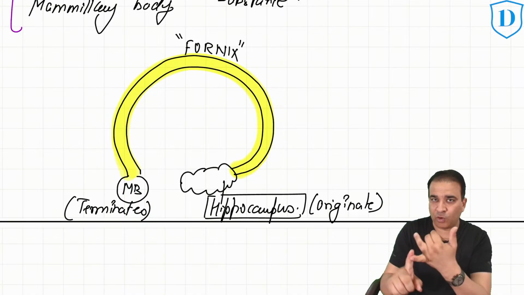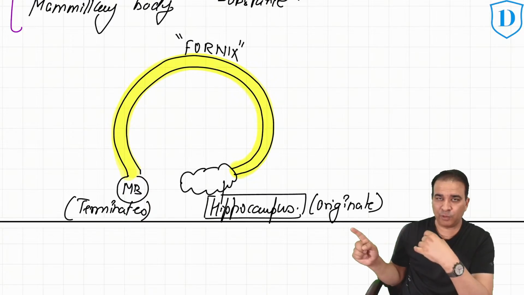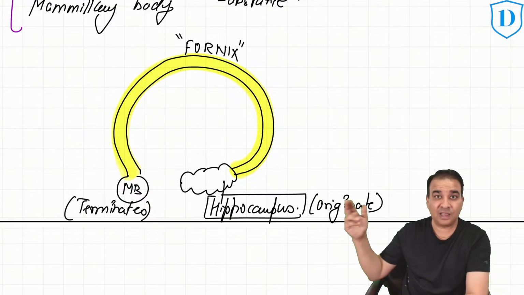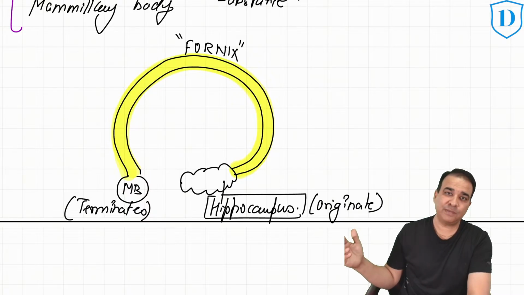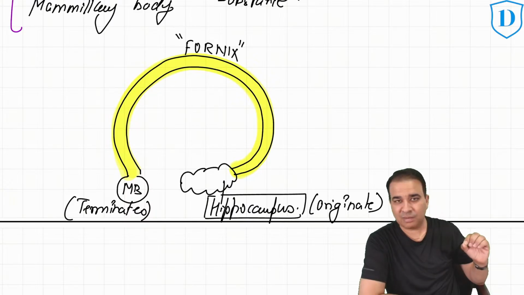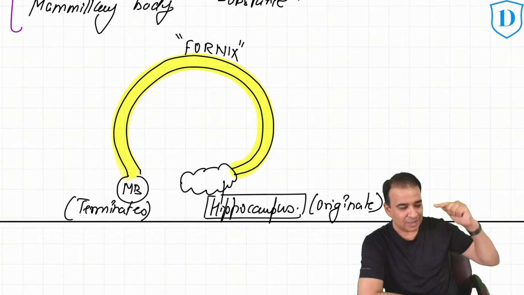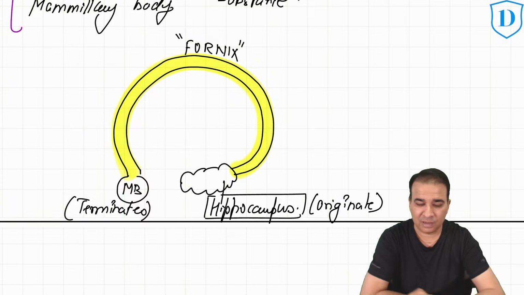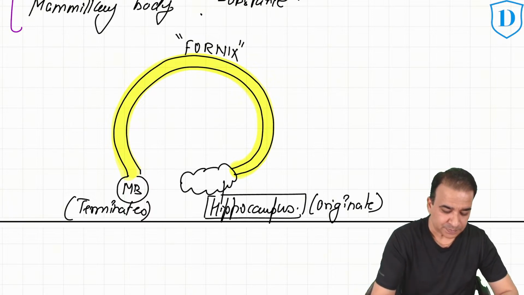So the marked fibers were fornix and they're starting where? Hippocampus. They've already asked this question. Maybe next time ऐसे पूछे, where are they terminating? In the mammillary body. So fornix is a white matter bundle जो start हो रहा है hippocampus से and it is terminating into the mammillary body.